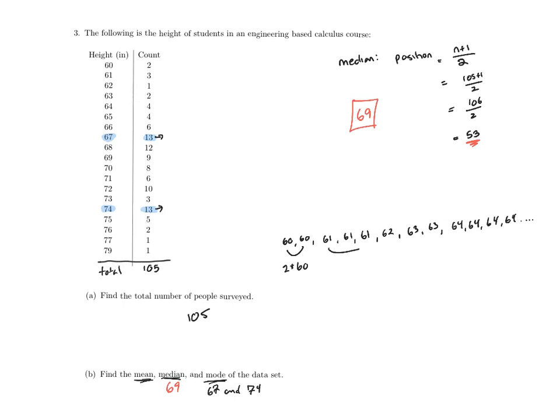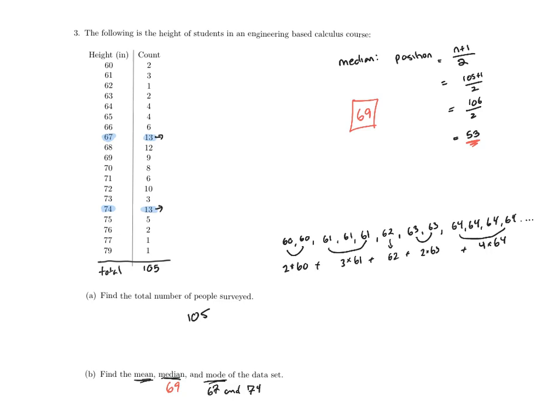I've got 3 61s, so that's like 3 times 61. I've only got 1 62. I've got 2 63s. I have 4 64s, and so forth. And then I would add all these up.